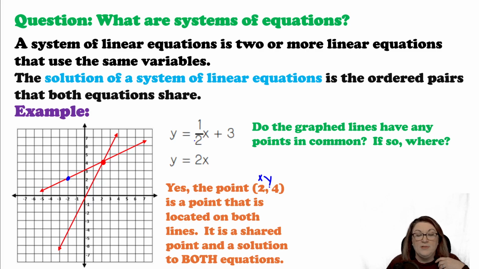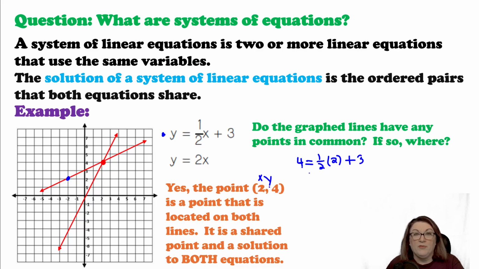So if I substitute this x and y in the first equation here, that would be 4, because our y is 4, equals 1/2, and instead of times x, it's going to be times 2 because our x is 2, so we'll put that in parentheses to indicate multiplication, and then we add the 3.